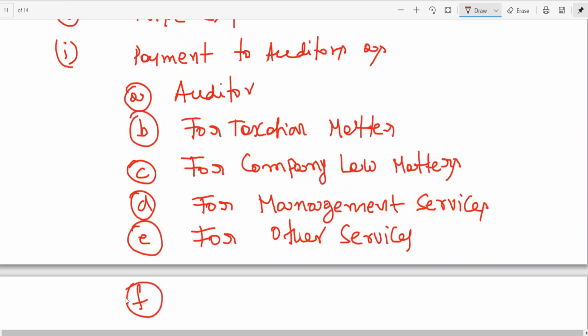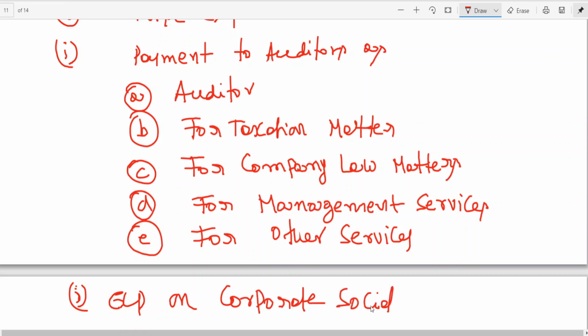And we can also write, that's it. I think this can be taken as payment to auditors. And nowadays we are also seeing expenditure on corporate social responsibility. I told you in foundation, social responsibility accounting.